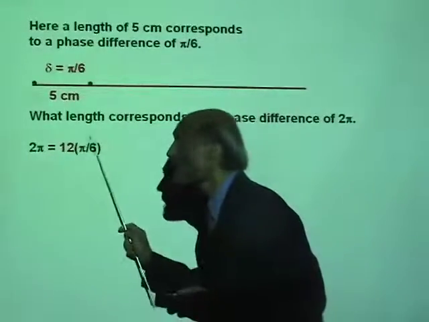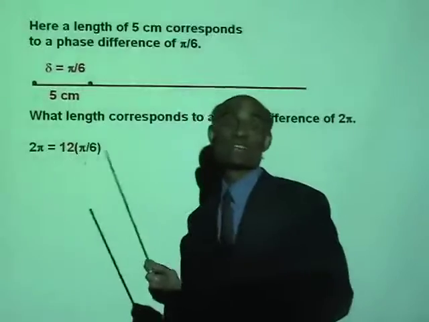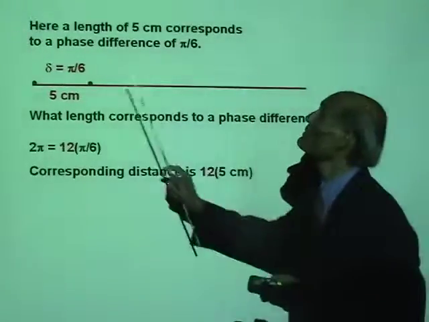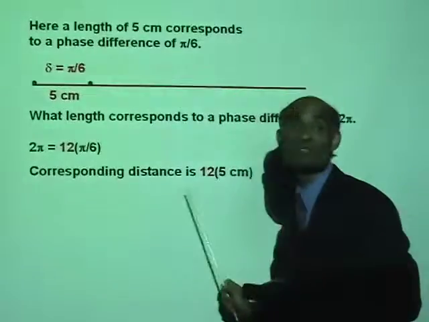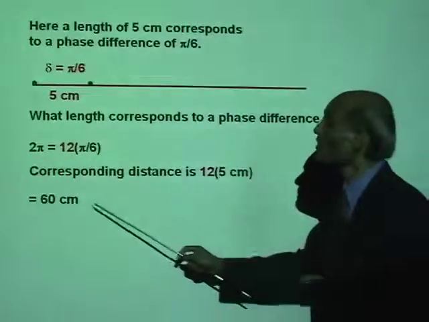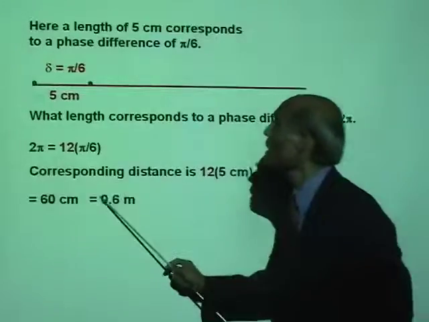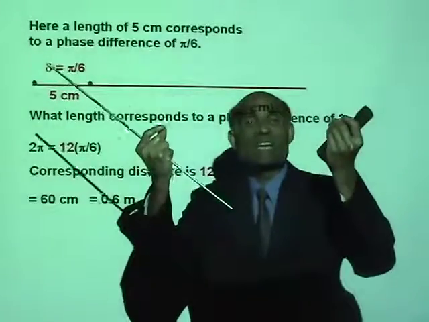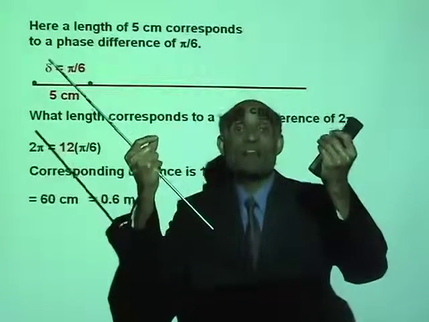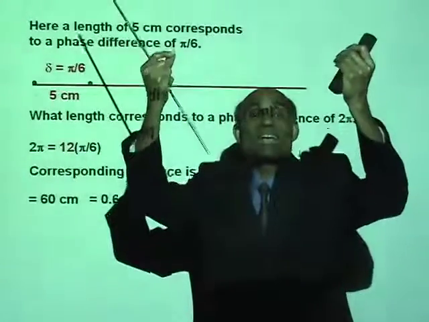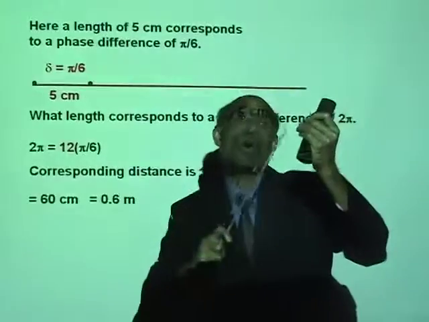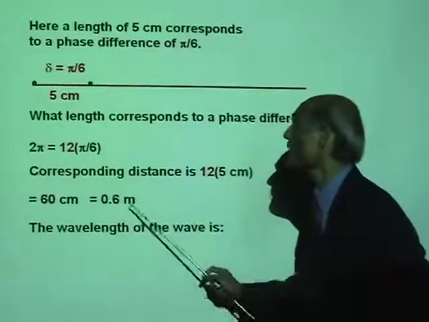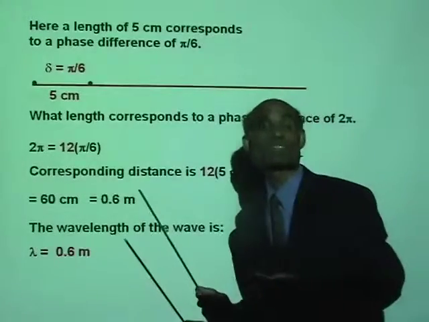Therefore, the corresponding distance will be 12 times 5 centimeters, which is 60 centimeters, or 0.6 meter. 0.6 meter is the distance between two particles that are in the same phase of vibration, or having a phase difference of 2 pi. That means the wavelength is 0.6 meter.